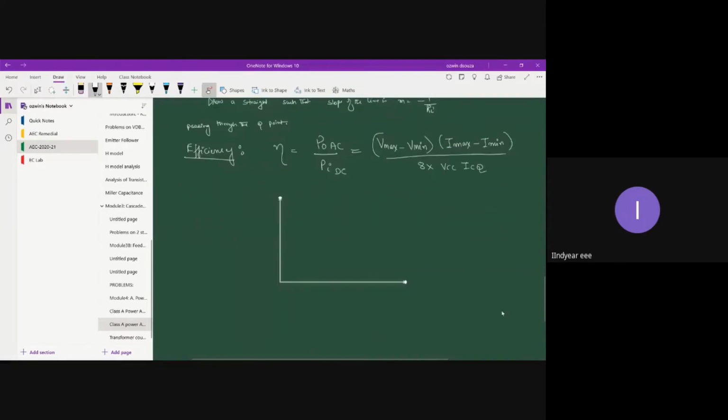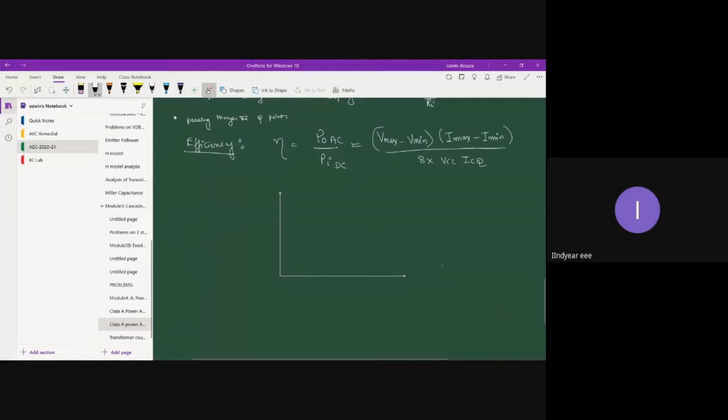So this is my X and Y axis. Let us place the load line. This is basically your AC load line. This is some IC saturation value; we do not know what exactly it is.